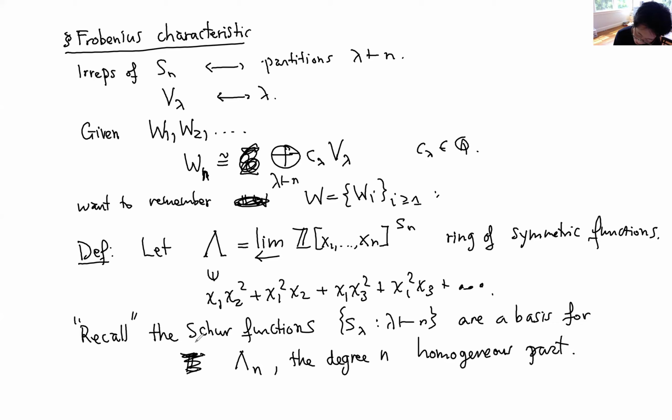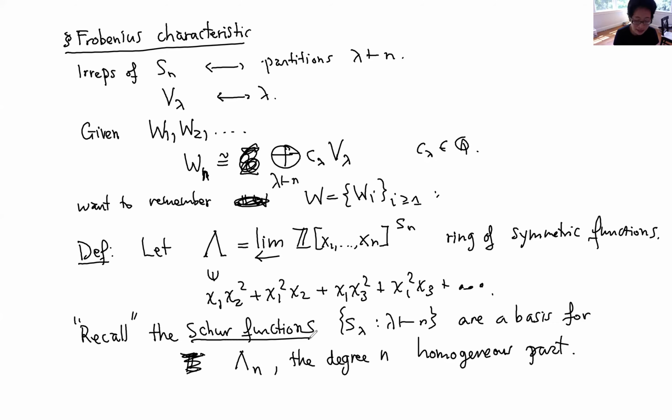And it's okay if you haven't seen the definition of a Schur function. A Schur function is a generating function for semi-standard tableaux of shape lambda, but they form a basis, this is well known in combinatorics, for the degree n homogeneous part as lambda ranges over all partitions of n.